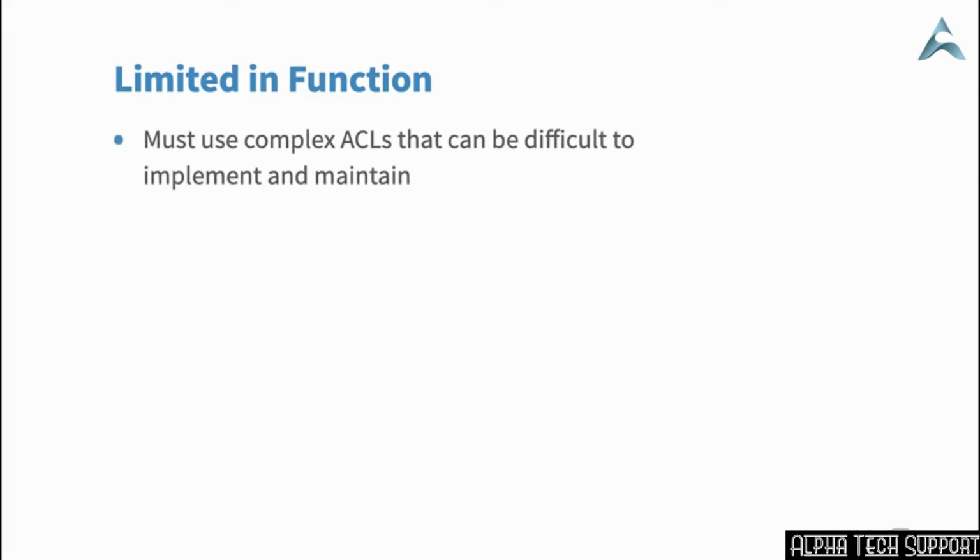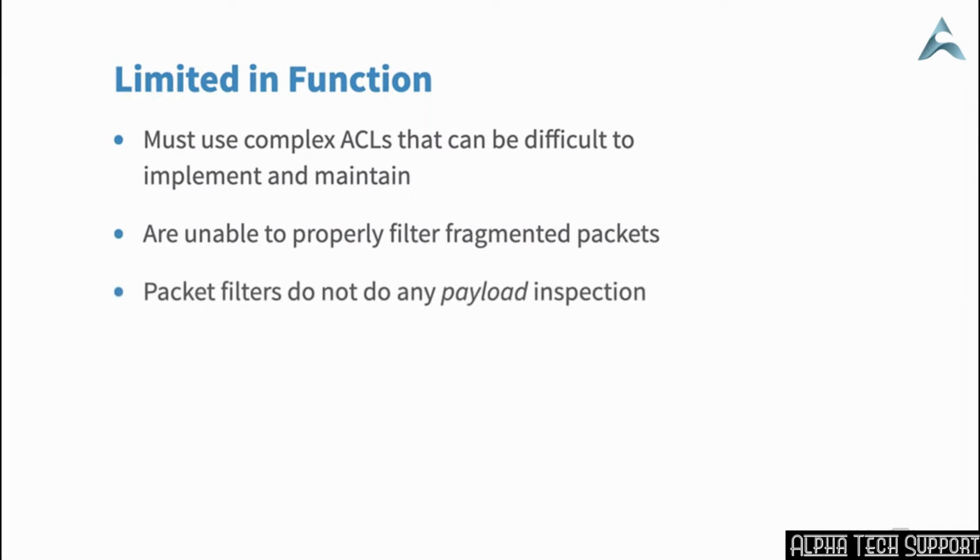Now, stateless firewalls have some limitations in that they must use complex access control lists that can be difficult to implement and maintain. They're unable to properly filter fragmented packets, and packet filters don't do any payload inspection. For example, it won't block a string value that is associated with a buffer overflow.